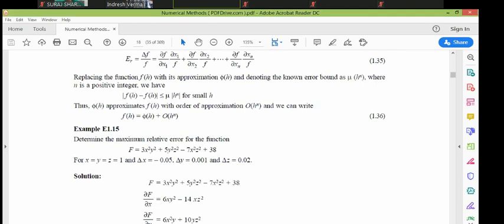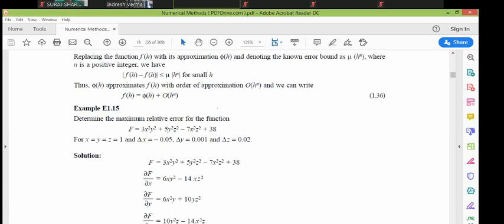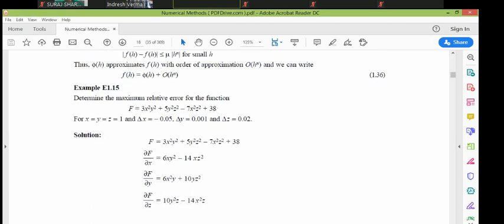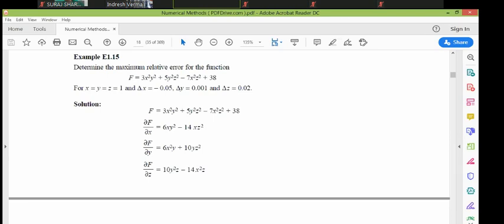I give you the view of the full example, no problem. Example E1.15, determine the maximum relative error for the function F is equal to 3x square y square plus 5y square z square minus 7x square z square plus 338.